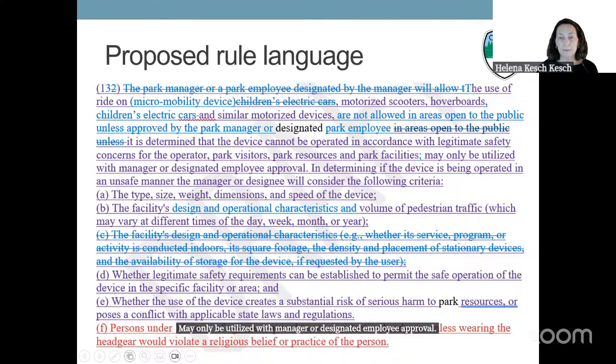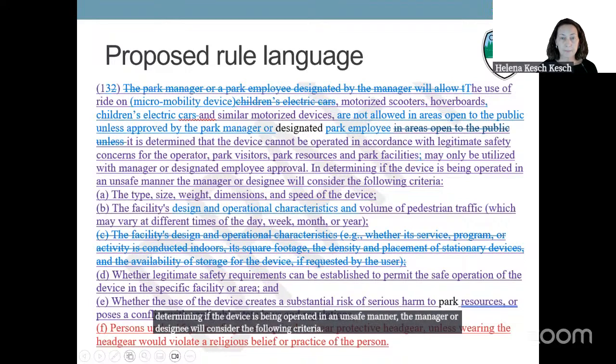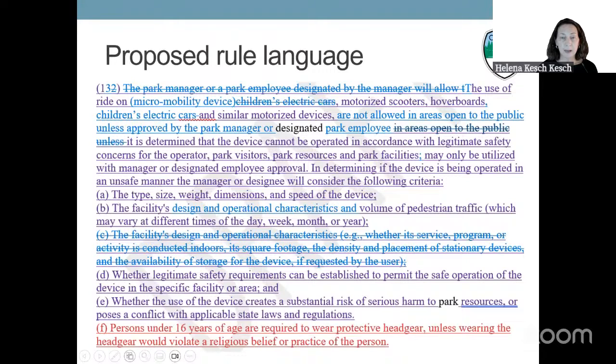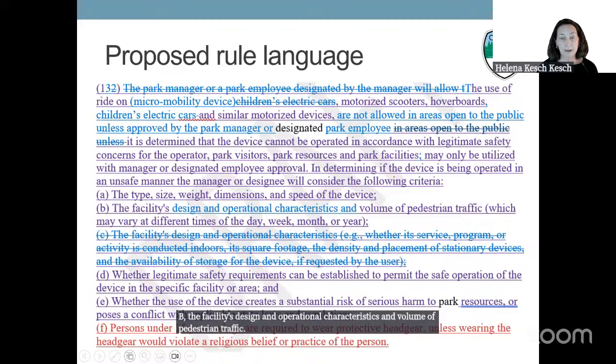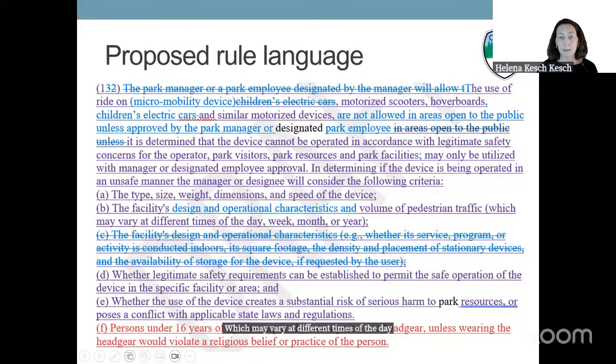In determining if the device is being operated in an unsafe manner, the manager or designee will consider the following criteria. A, the type, size, weight, dimensions, and speed of the device. B, the facility's design and operational characteristics and volume of pedestrian traffic, which may vary at different times of the day, week, month, or year. Next letter is D, but we removed C, so we'll update that.